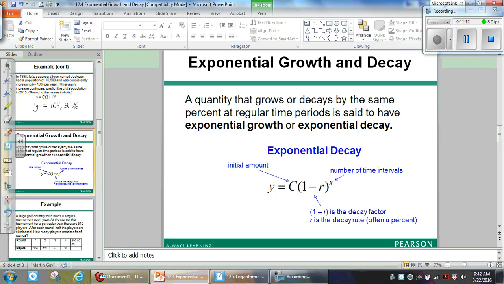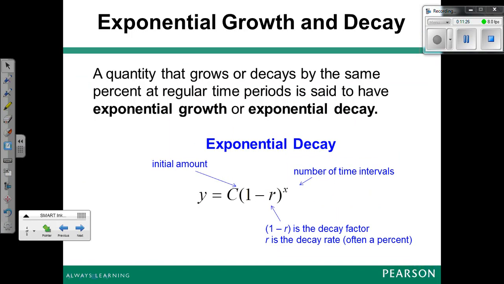Now the next one is exponential decay. And so in this case, the difference with the first formula, exponential growth, is this minus right here. Do you guys see it? So for exponential growth, we had 1 plus the rate, because it's growing, right?